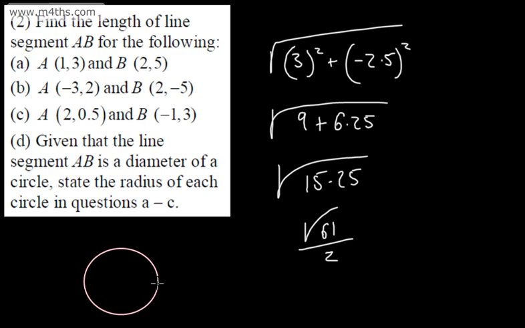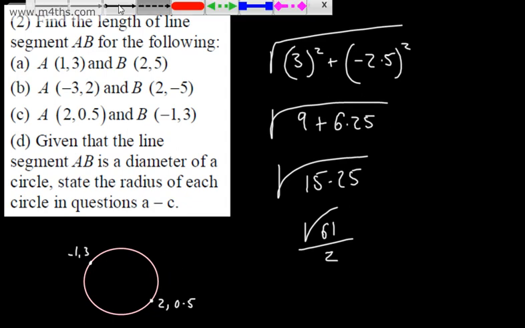So what we'll have is something now that looks like this. So let's put on here, so we'll put this point right here. This is going to be (-1, 3), and then we'll have this point right here, which is going to be (2, 0.5). So this is a rough sketch. It doesn't have to be massively accurate. What we've just done is found the length of the line segment.